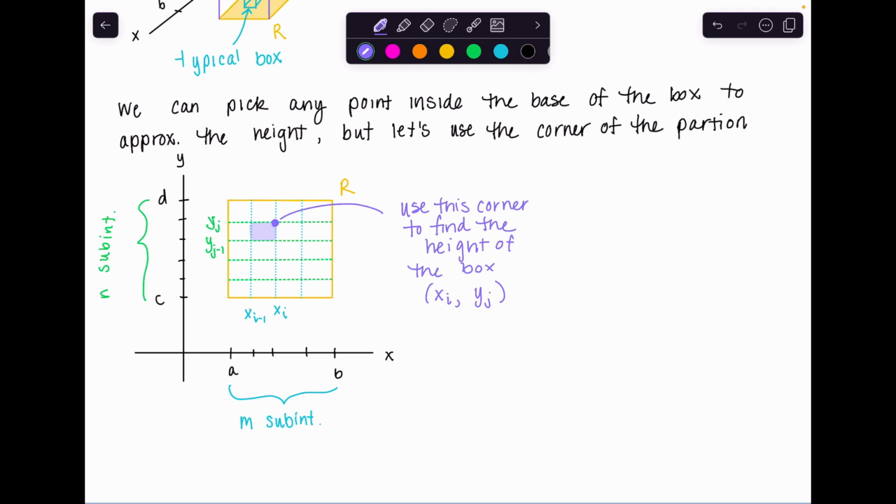So I can use a rectangular box. The base is a rectangle, so it's length times width. The height, I'm using the z value, and I'm just plugging this value into the function to get the z value or height. So essentially, we've got this approximating rectangle.